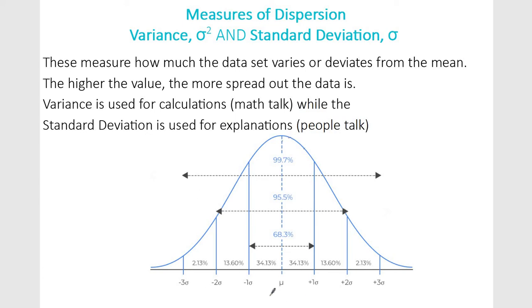This is our mean. We've got our mean in the middle. And this is one standard deviation to the right. This is one standard deviation to the left. Okay? So remember, this is standard deviation. 2 standard deviations. 3 standard deviations.